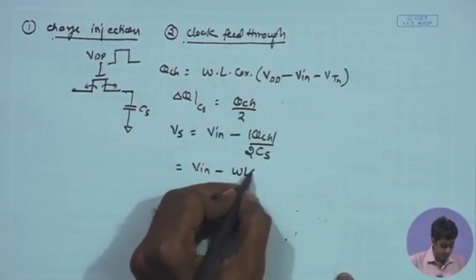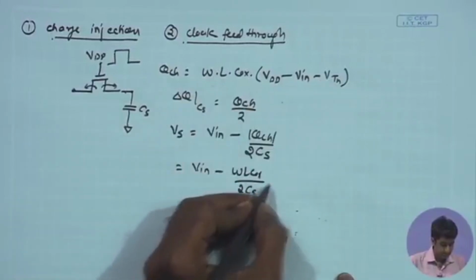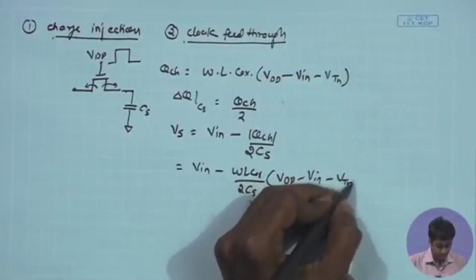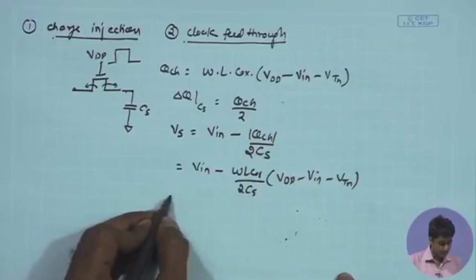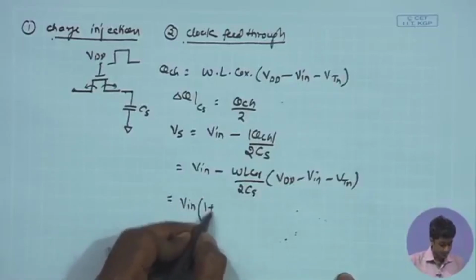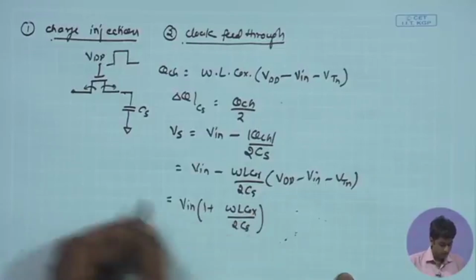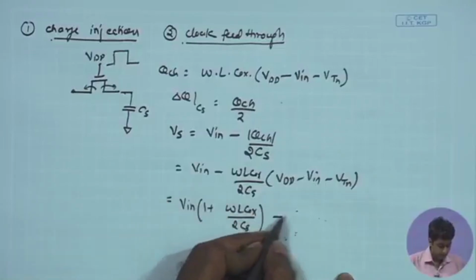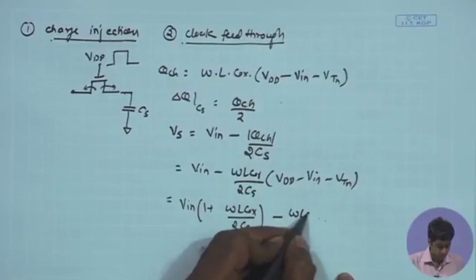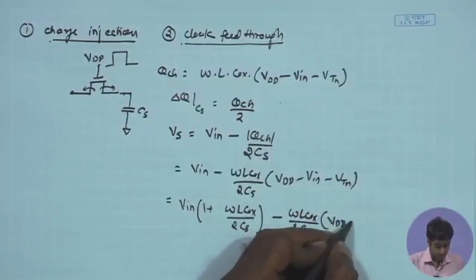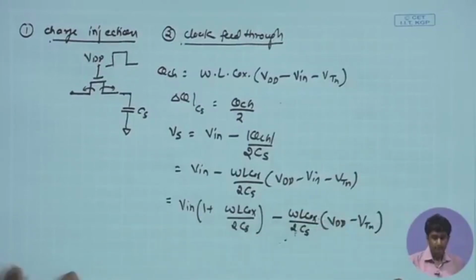So, WLCOX upon 2 CS times VDD minus V in minus VTN, and if I take this common, I am left with 1 plus WLCOX upon 2 CS, and then I have some negative quantity which can be given as WLCOX upon 2 CS times VDD minus VTN. This is what we are left with.